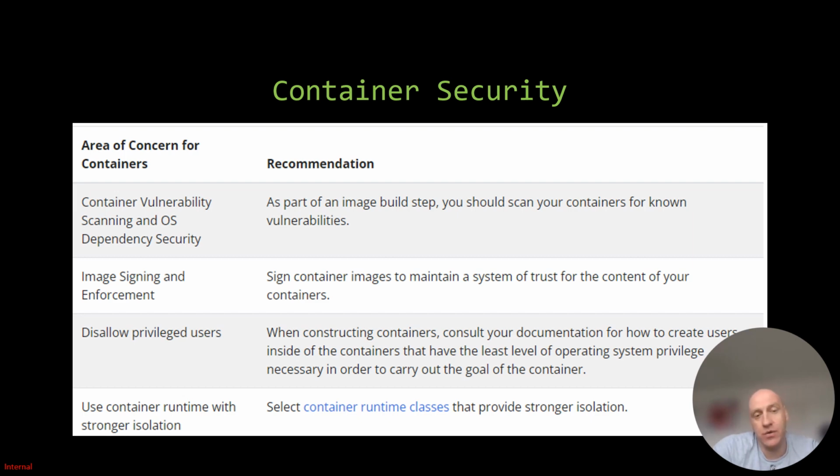That's where container image vulnerability tracking and scanning becomes an important part. So make sure that you use the latest version, and that any new vulnerabilities that come out can be discovered and addressed in the next patch cycle. Another important part as well is that you can now set up image signing and enforcement.